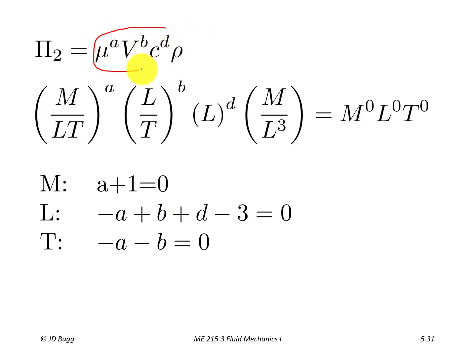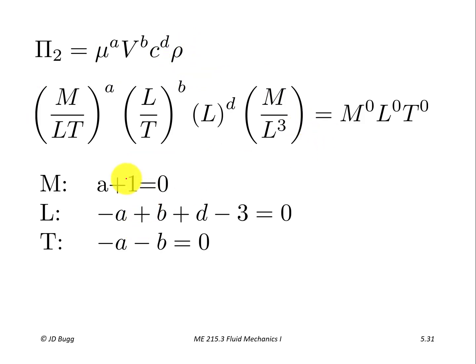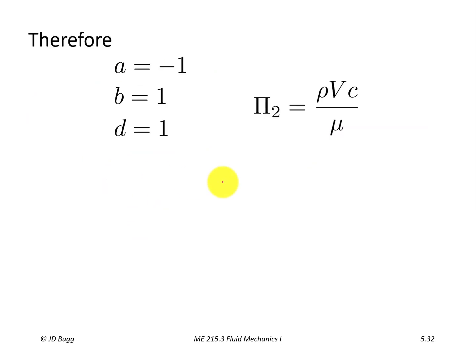So this part is exactly the same as when we found pi 1. But now we have a density here, because remember, for this choice of repeating variables, the other variable we haven't used yet is density. So again, we go through the same process, and we find new values for a, b, and d, which are -1, 1, and 1.